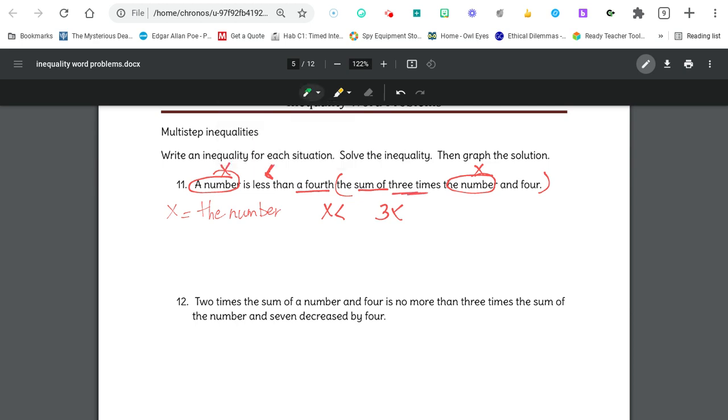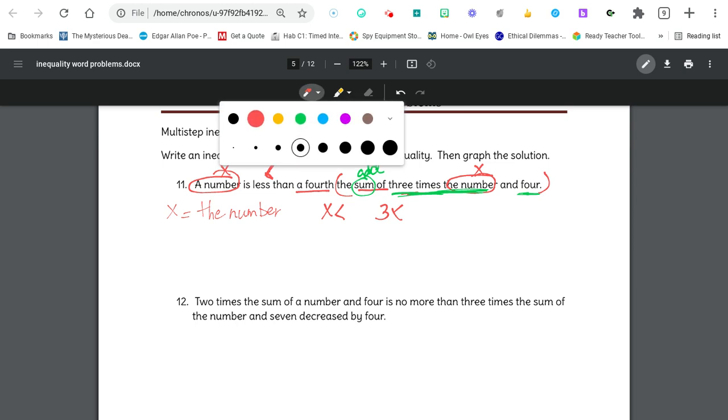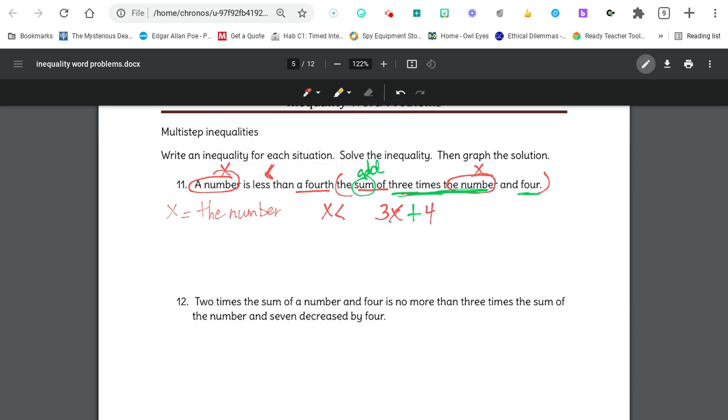Let me do a different color. And then you have the number 4. What are you going to do with those two? You're going to sum those two, so you're going to add. So that's your sum of 3 times the number and 4. But it says a fourth of that. So here I have to put 1/4, okay?